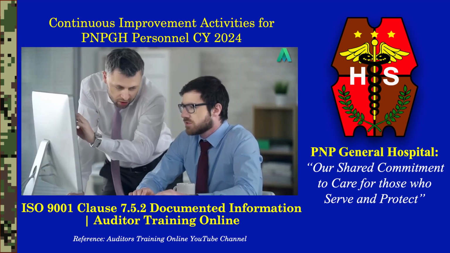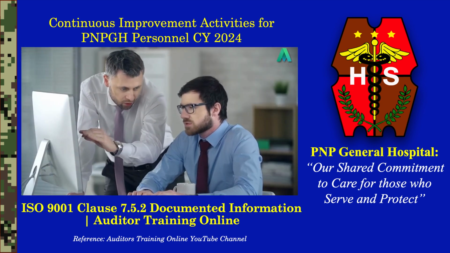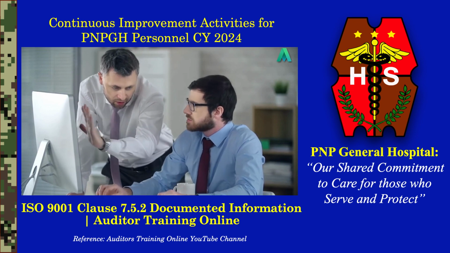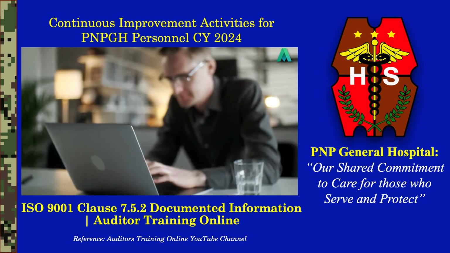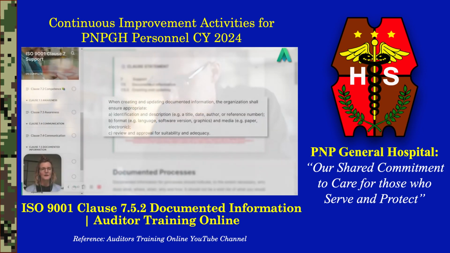It can be in the form of different software versions. It can be your marketing collateral. It can be video, so video training that you might produce. So all of those types of documented information still need this identification and description, but you need to determine what these different formats and media are.